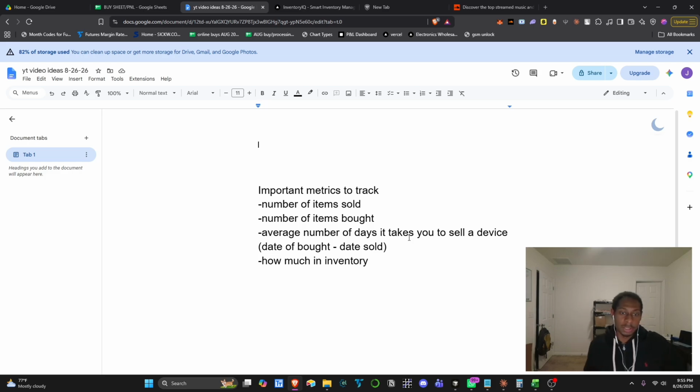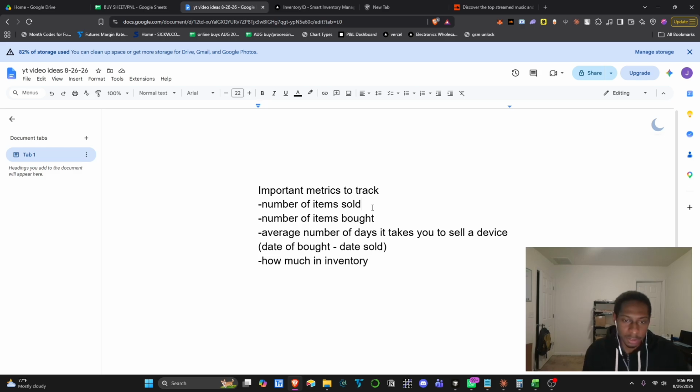The first one is number of items sold. A lot of people like to have goals for revenue, and you can increase your revenue if you increase the number of items that you sell. And that also depends on the number of items that you bought. So I think that tracking the number of items that you sold is extremely important because that's basically your revenue.